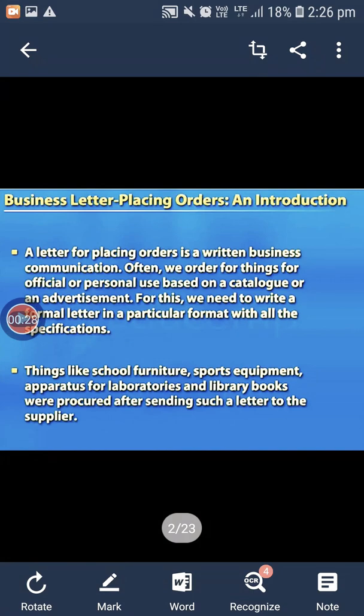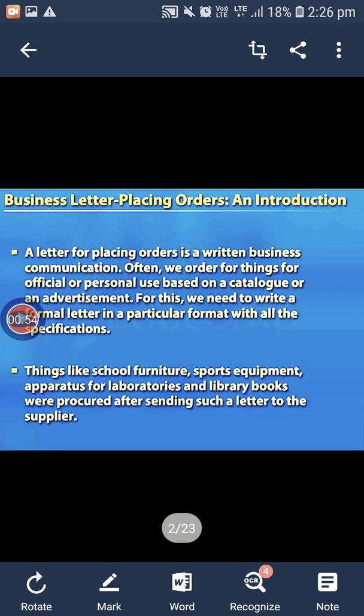Dear students, a business letter or order letter is one of the formal letters we have, and a letter for placing an order is a written business communication. We often order things for official or personal use based on a catalog and advertisement.